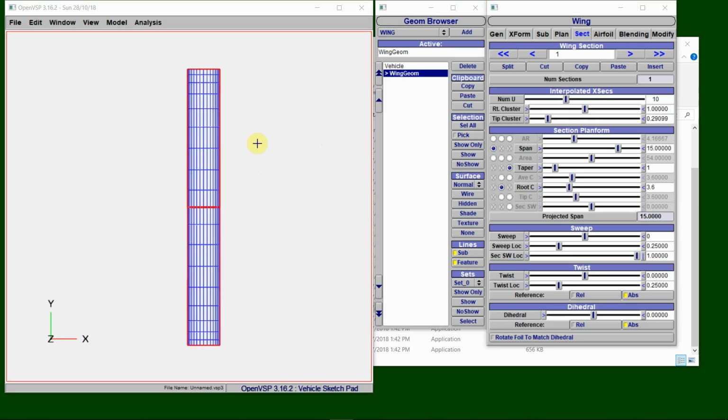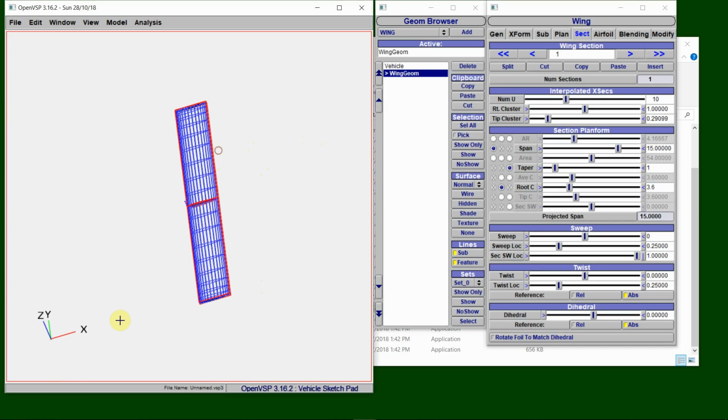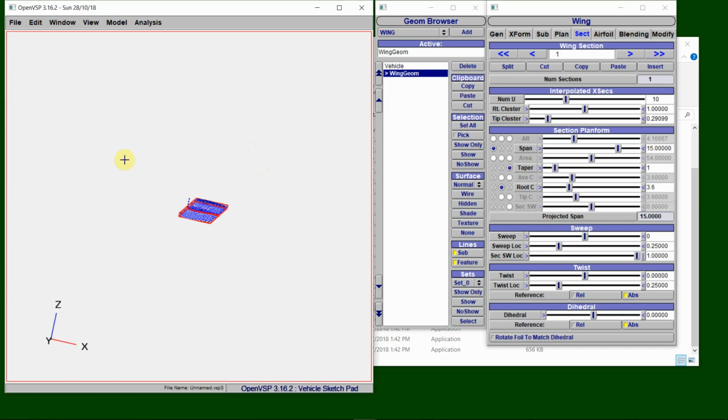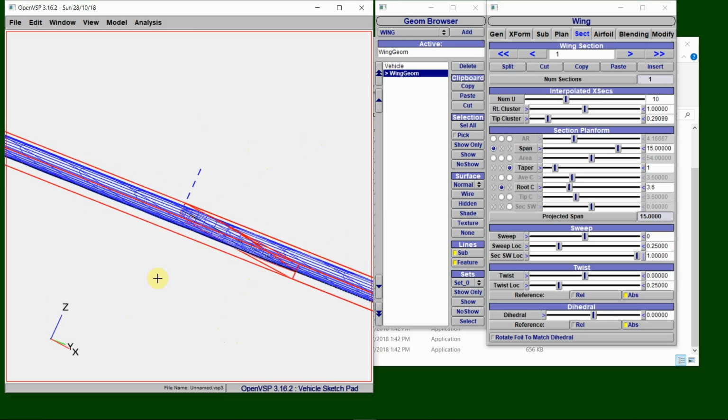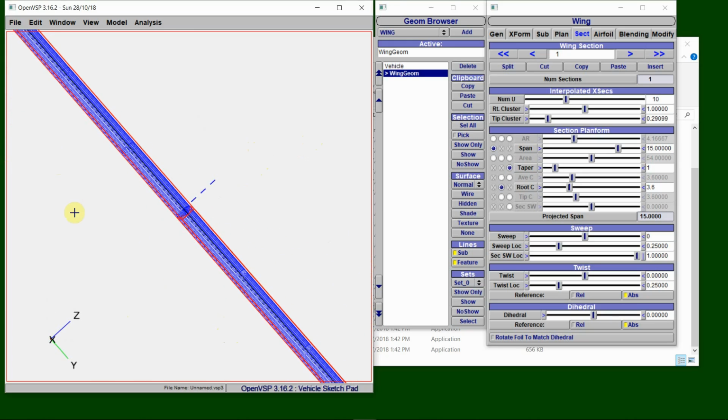Another thing to show on this is we can do some interesting things like rotating our wing around, and if we zoom in here on this tip, you can see we have a pretty symmetric airfoil, and the tip, I will make it so we can come out here and see the tip a little bit.